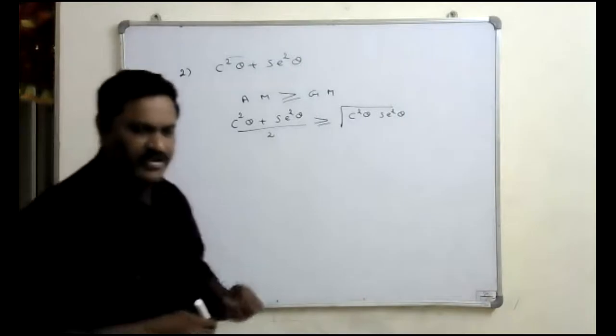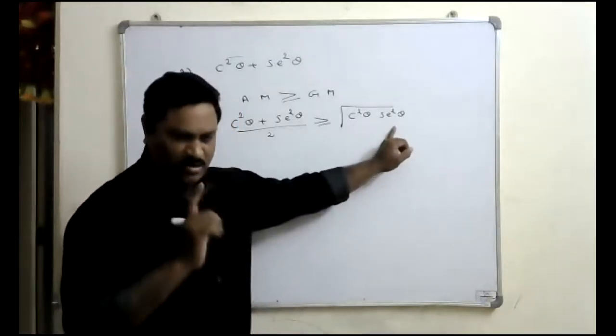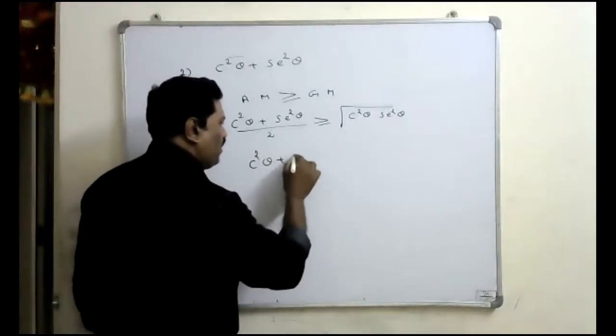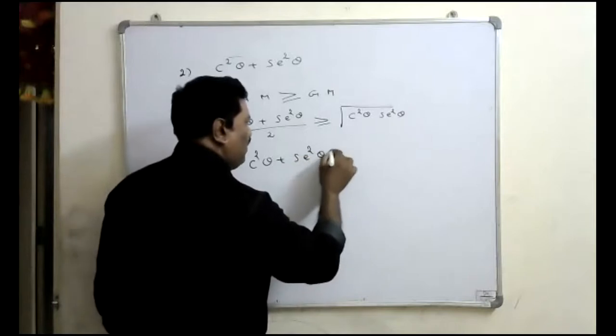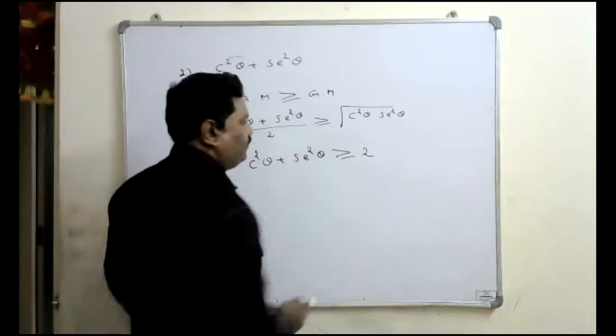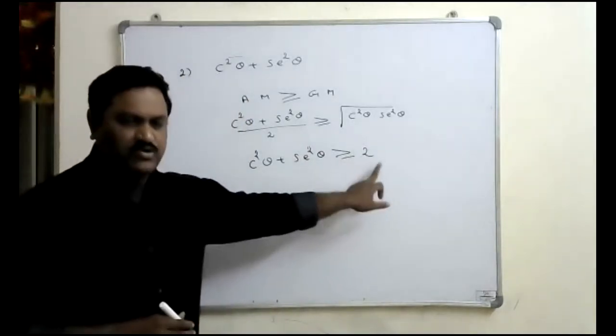Now we know from the identity that cos theta into secant theta value is 1. Therefore, cos square theta plus secant square theta is always greater than or equal to 2. Send this to other side, 2 into 1. Therefore, this value is greater than or equal to 2.